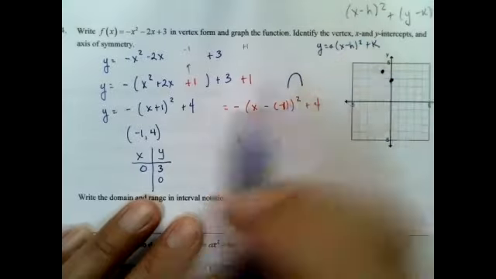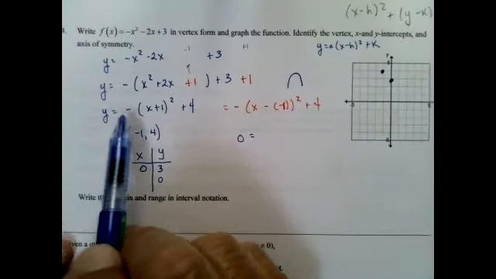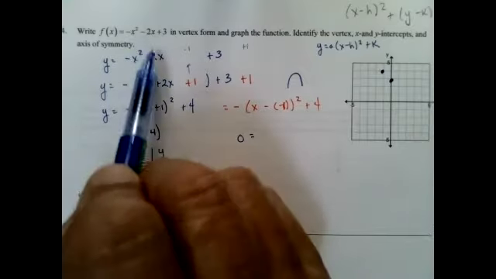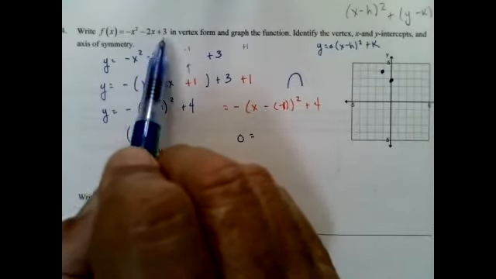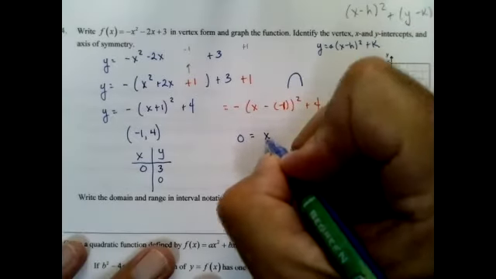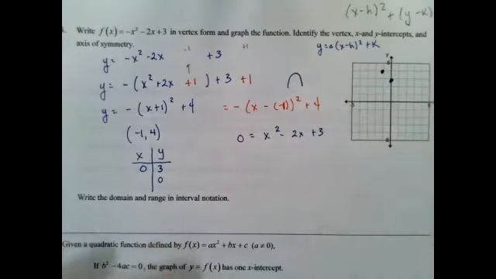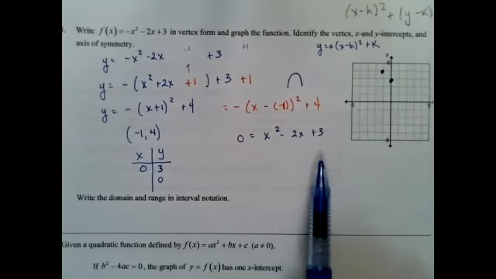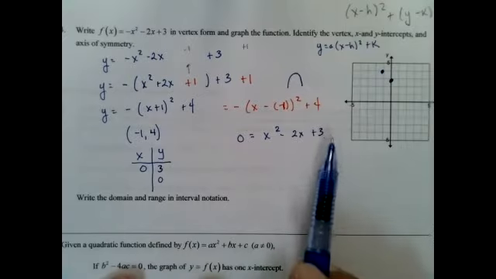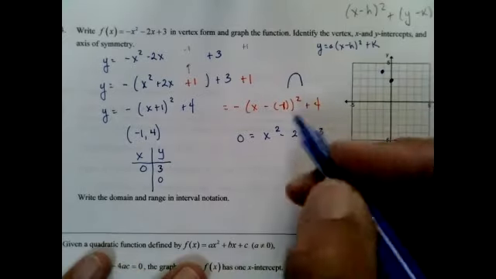0 equals. Now, I could put 0 in for y here, or I can put 0 in for y up here. They're both the same equation, so I'm going to put it in the one up above. I cannot factor this. Signs have to be the same, both negative, and that's not going to work.